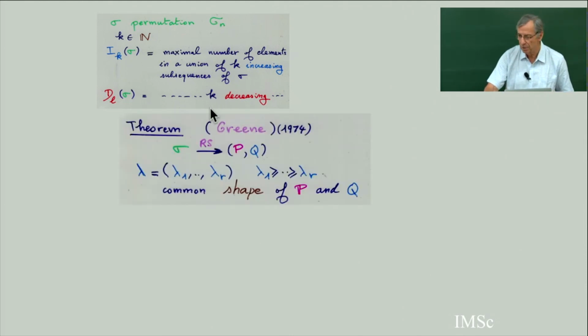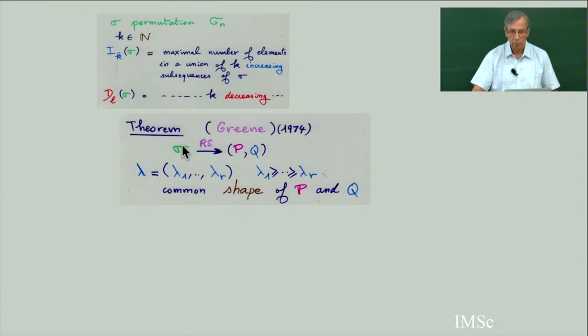And this is the famous Greene theorem: if you take a permutation, you apply the Robinson-Schensted correspondence, you get a pair P, Q, so you get a common shape, which is a partition, lambda equal lambda 1, lambda 2, up to lambda r, of decreasing numbers.